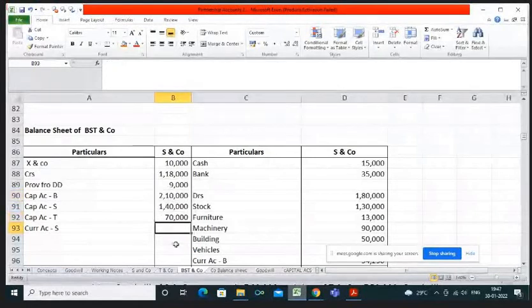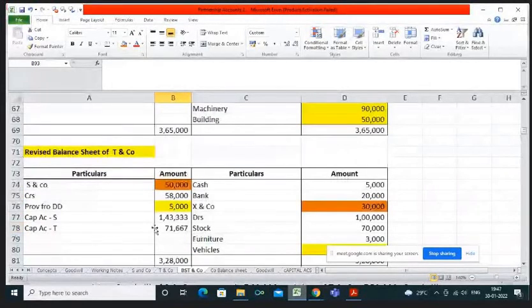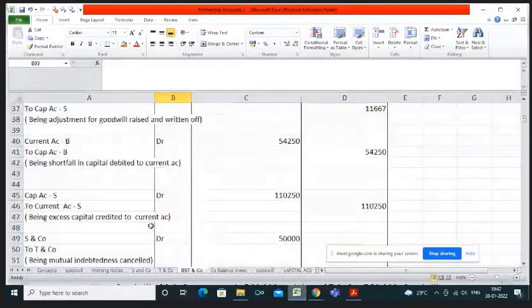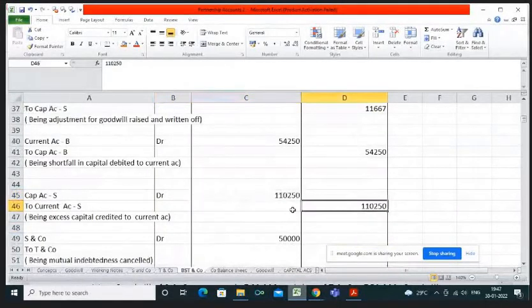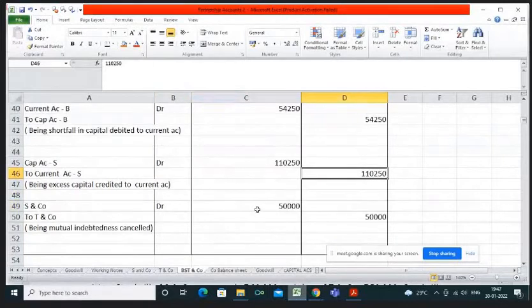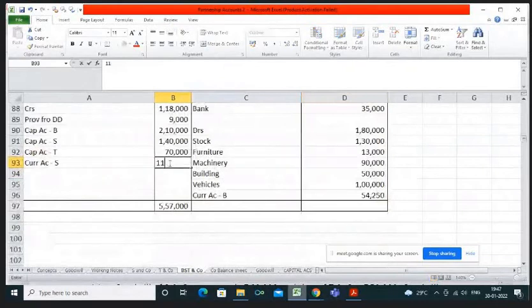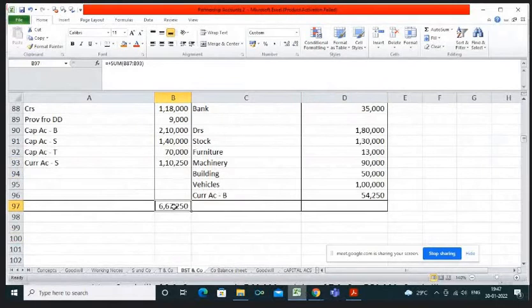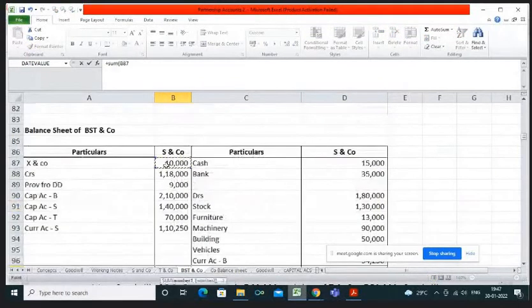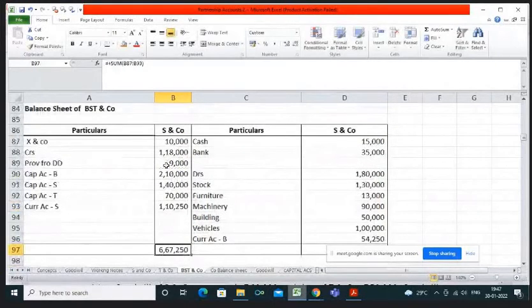But for the current account of S, we have an entry for 1,10,250. It will have a credit balance of 1,10,250. So if you total the balances, it is 6,67,250.